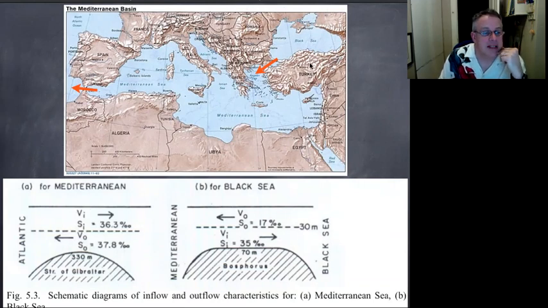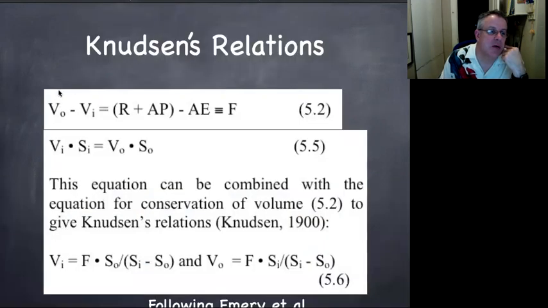What about the Black Sea? Well, the Black Sea has an outflow of surface water that's extremely fresh, 17 parts per thousand, and an inflow of 35 parts per thousand. So what does this mean if we go through our budgets? We have two different budgets.